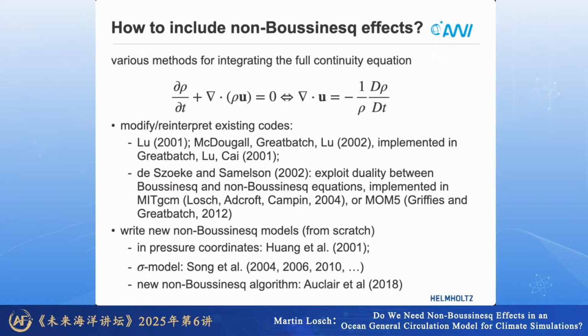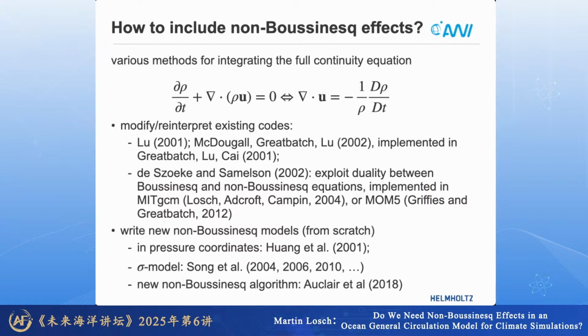And then there's this other method which I will also show, and which we used back then, and which was implemented in MOM5: following an idea by de Szoeke and Samelson, you can exploit the similarity or the duality of the Boussinesq and non-Boussinesq equations depending on what vertical coordinate you use. I'll get into this.